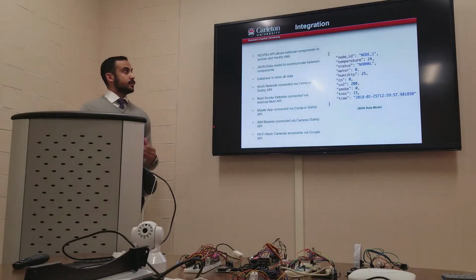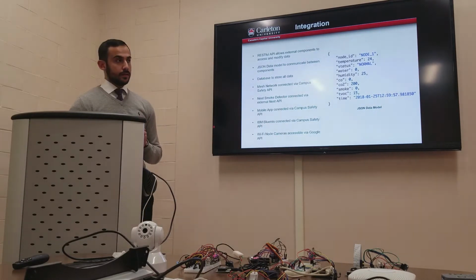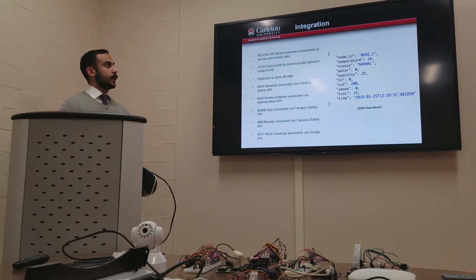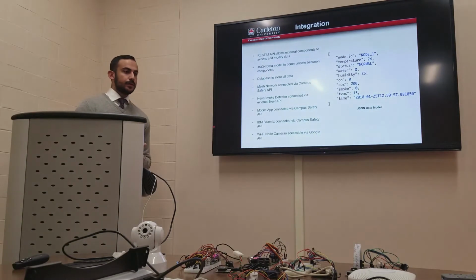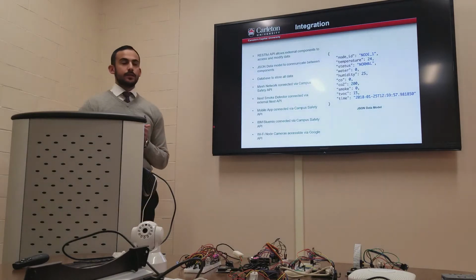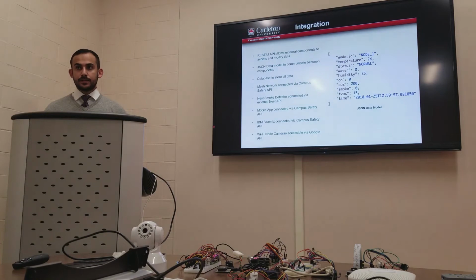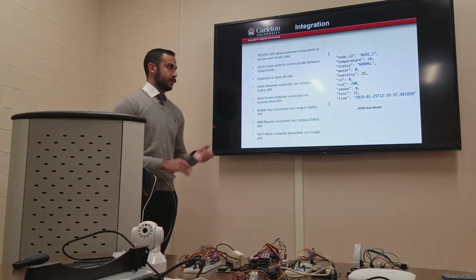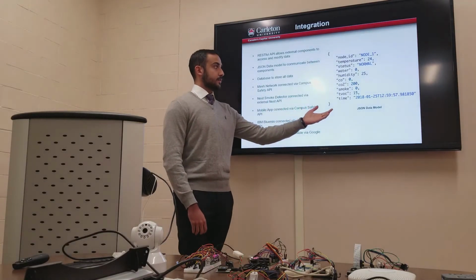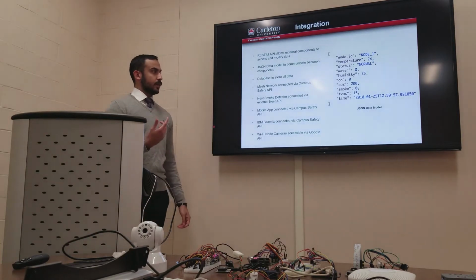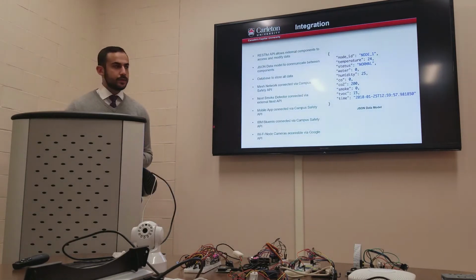So next I'll be speaking about the integration with the components of our project. As I said earlier, components integrate with the server using the RESTful API, which allows external components to modify and access data in the database. We use this JSON object as a data model for our logs, which is used basically throughout our whole project to communicate between components.